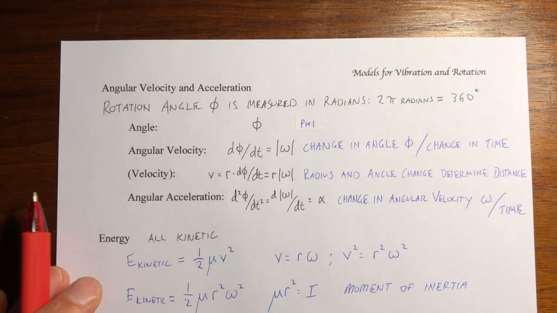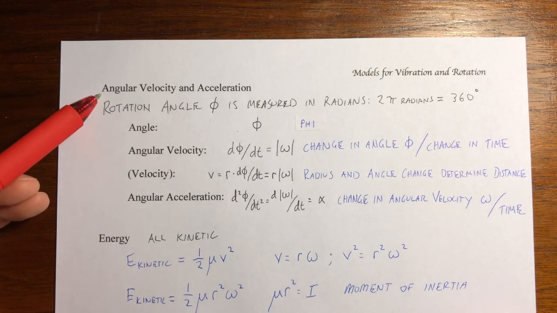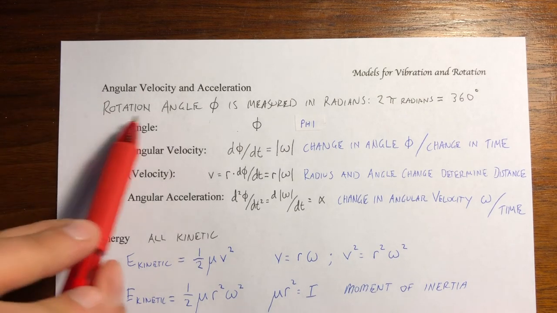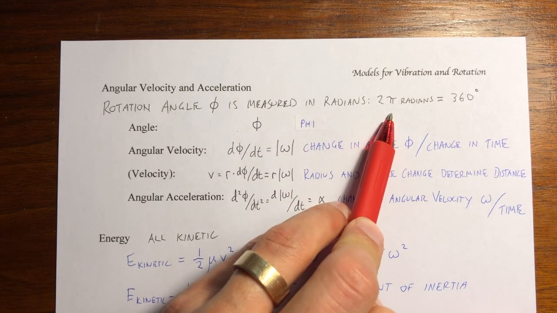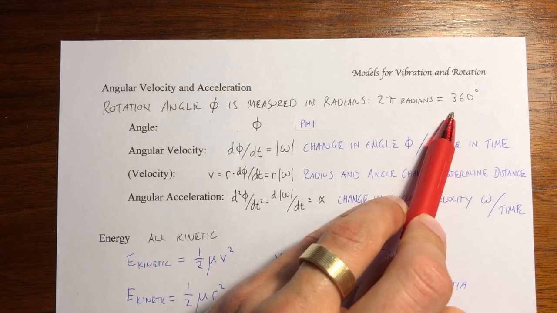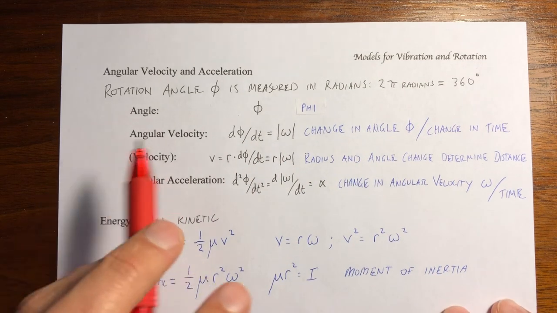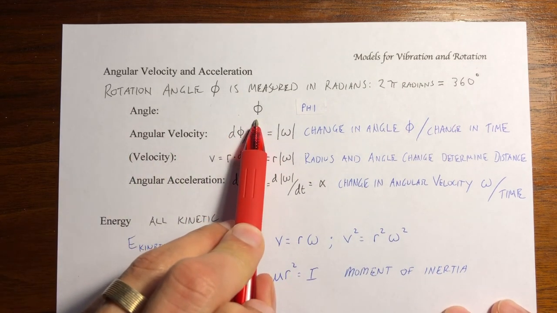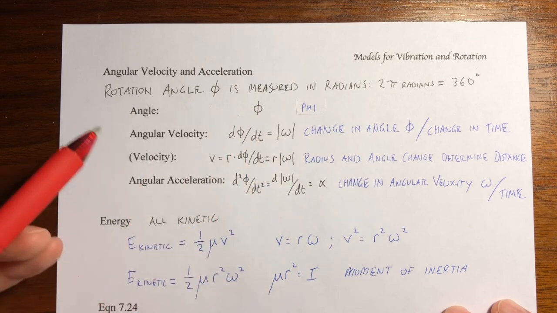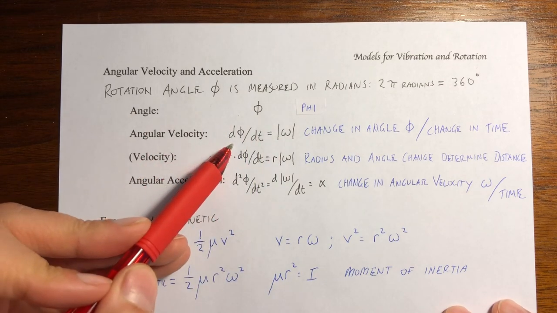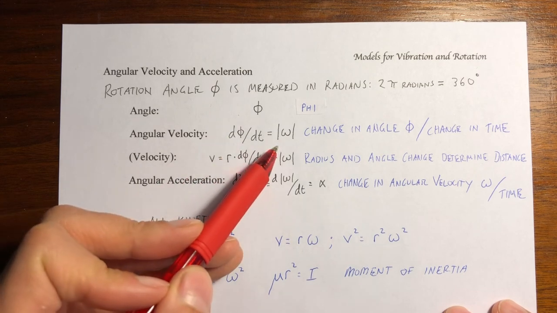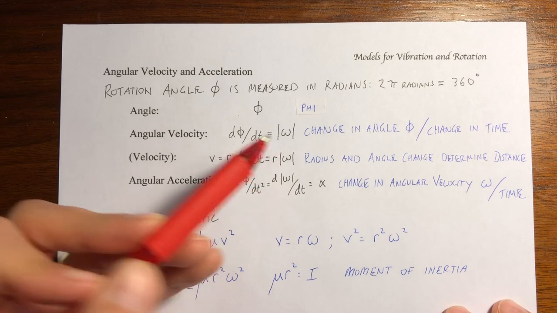In the rigid rotor model, we need to consider angular velocity and acceleration. Rotational angle phi is measured in radians, where 2 pi radians is equal to 360 degrees. Angular velocity is defined as a change in that angle phi divided by change in time, and this is given the Greek symbol omega, absolute value.